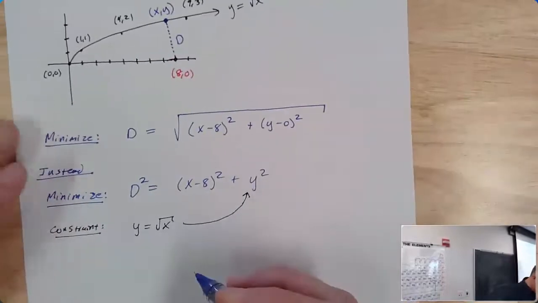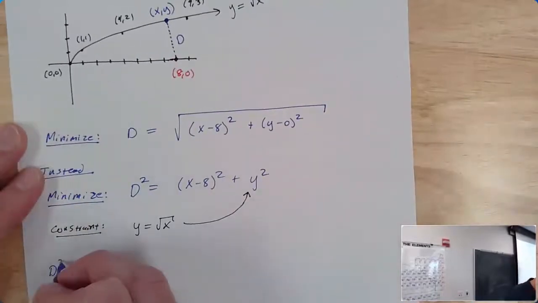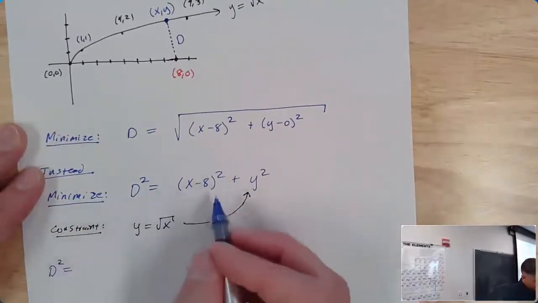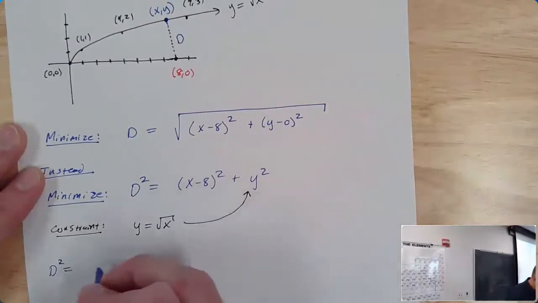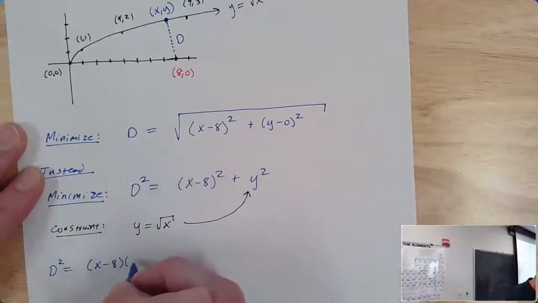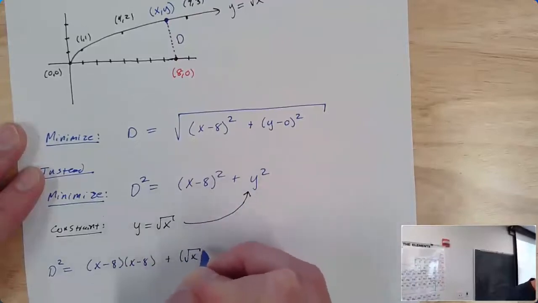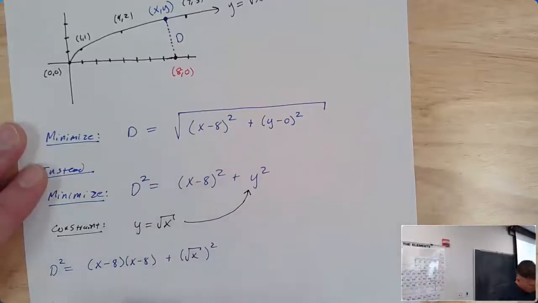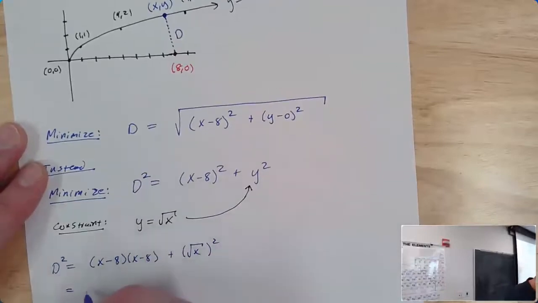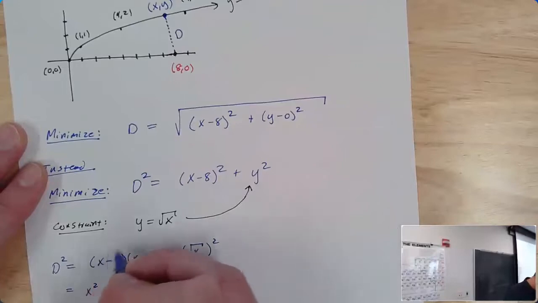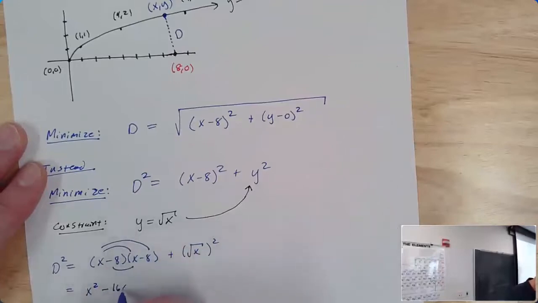I'm going to rewrite this as distance squared equals, and I'll multiply it out in this step. So x minus 8 squared is x minus 8 times x minus 8. And then I've got the square root of x squared, which simplifies to x. So that's x squared minus 8x minus 8x, so minus 16x plus 64 plus x.